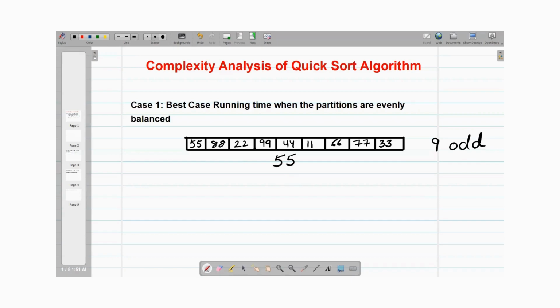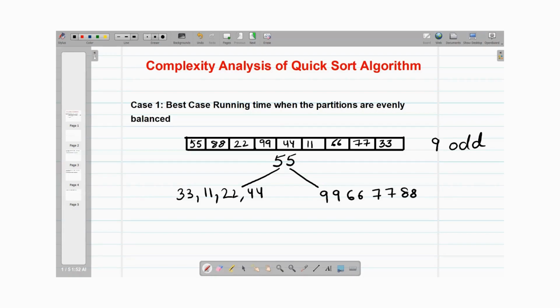If I run the quicksort algorithm, my pivot would be 55. Which elements come before it? That would be 33, 11, then 22, then 44. Then on its right hand side I have the elements 99, 66, 77 and 88.